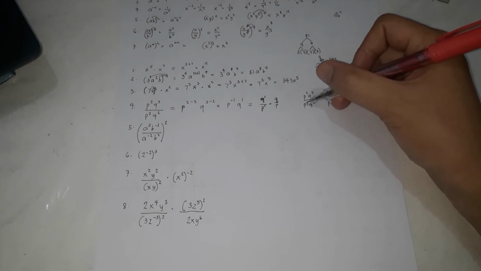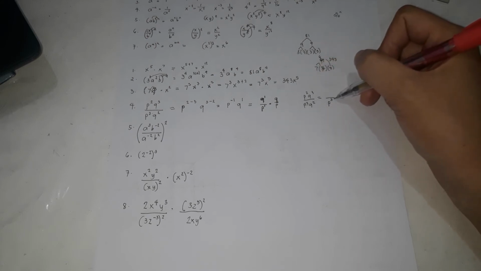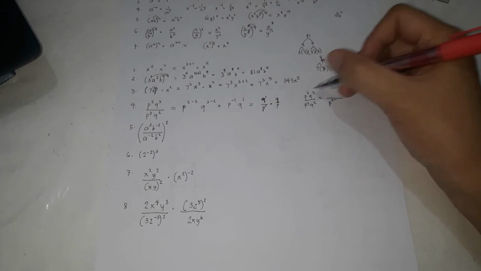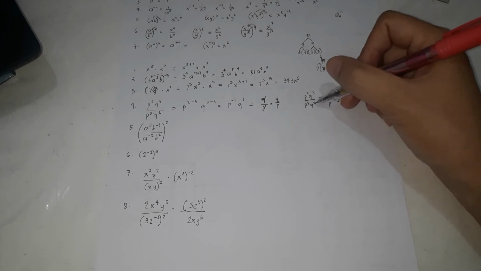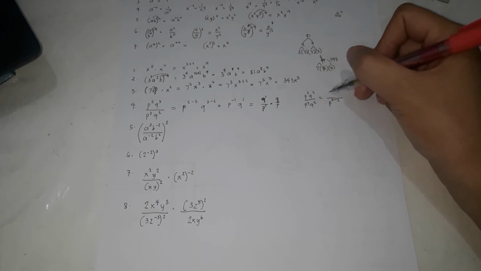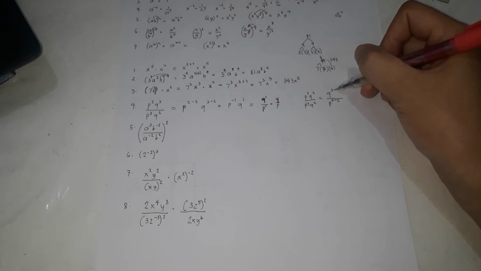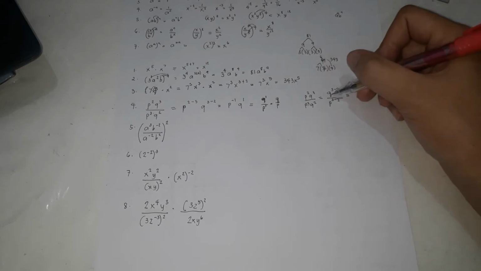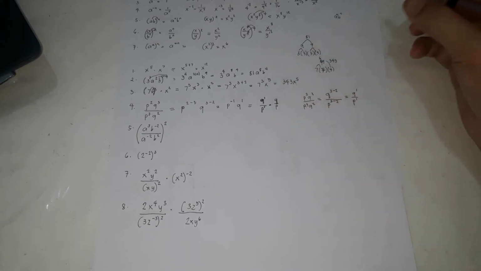Kung saan may mas mataas, doon mo ilagay si P. Tapos, 3 minus 2. Si Q naman, mas mataas ang exponent sa taas. So, sa taas mo siya ilagay. 3 minus 2. So, magiging Q to the 1, P to the 1. The same lang answer. Next, number 5.